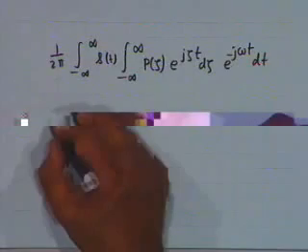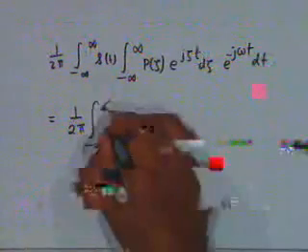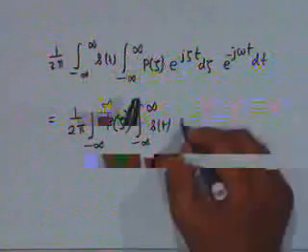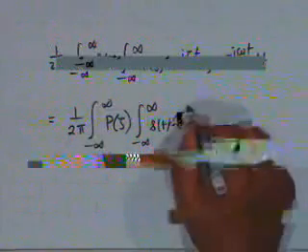That is, I bring P of zeta out, and then the integral from minus infinity to infinity of s of t e to the power minus j (omega minus zeta) t dt, and finally d zeta. First I evaluate the integral with respect to t, then with respect to zeta.